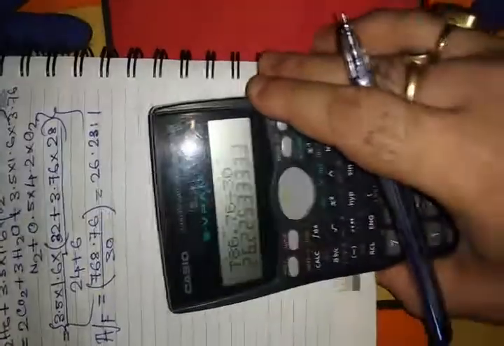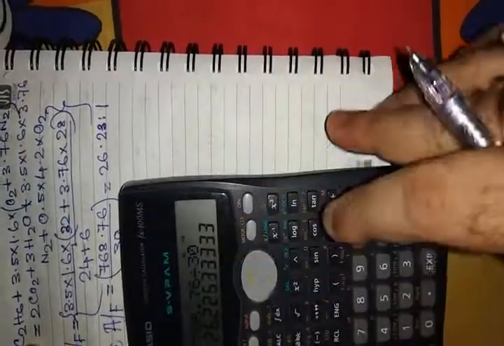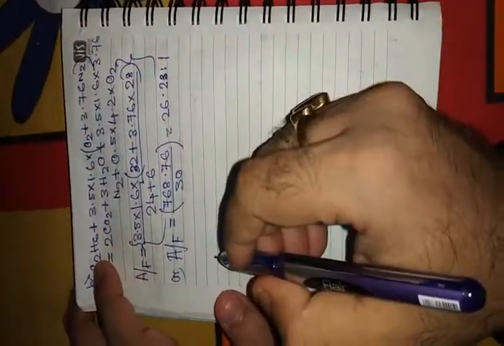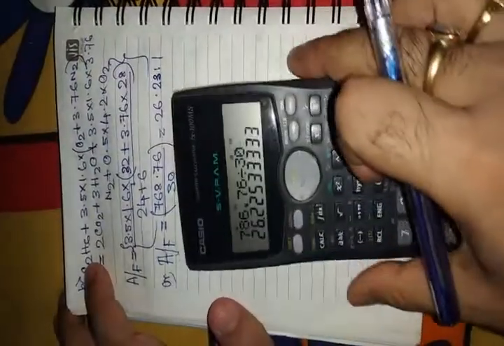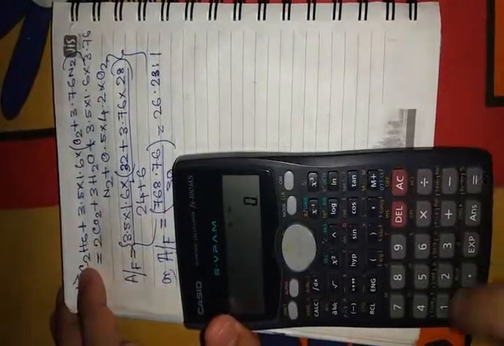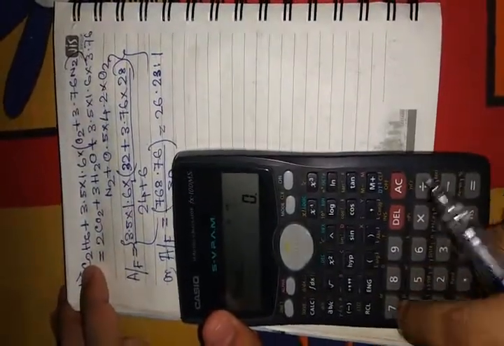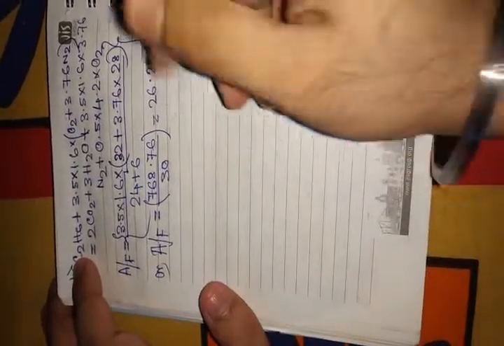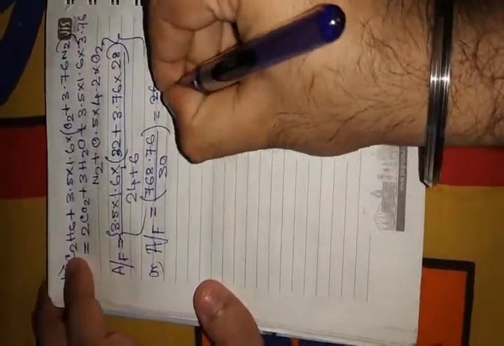One second, there is a mistake. It is 768.76 divided by 30, which is 25.63. So 25.63 is to 1.